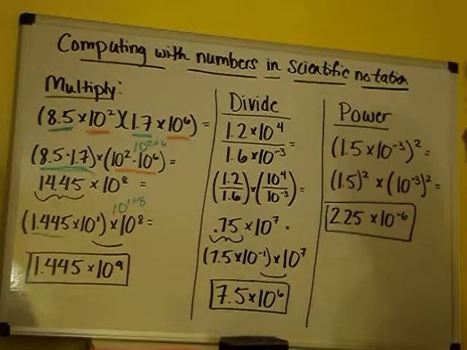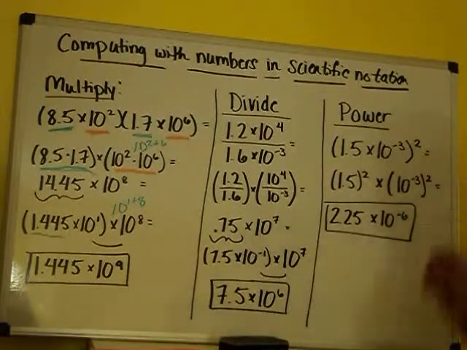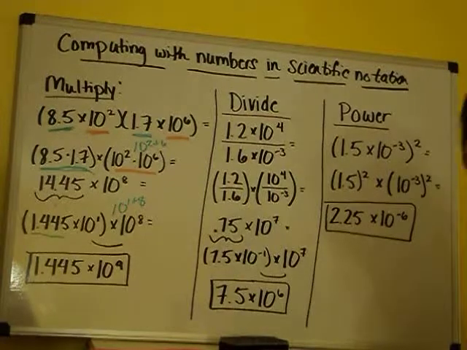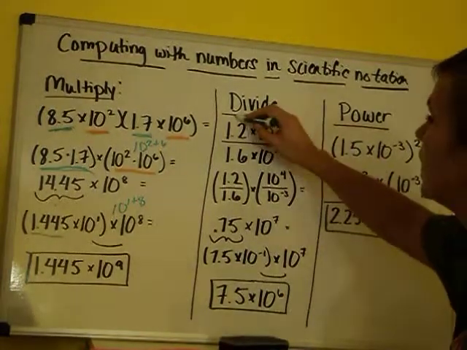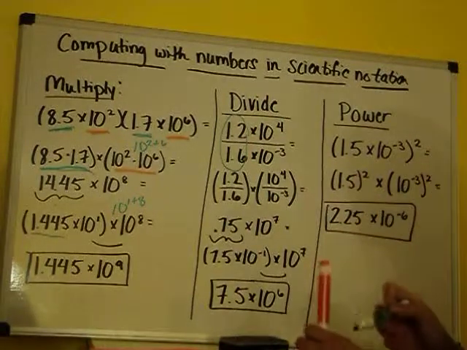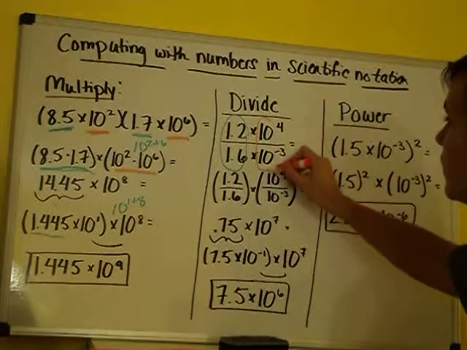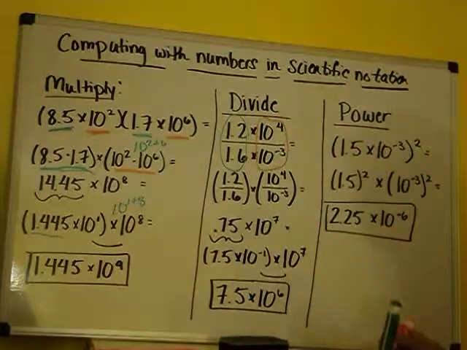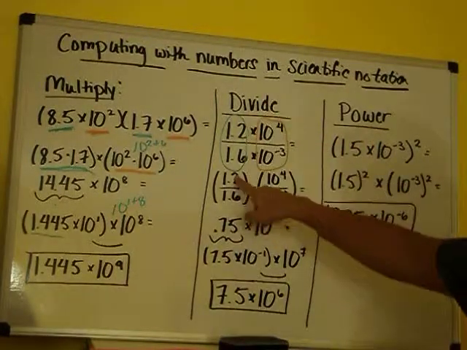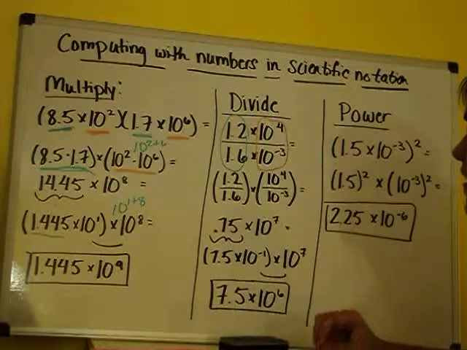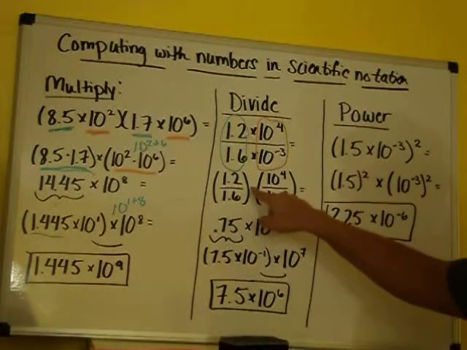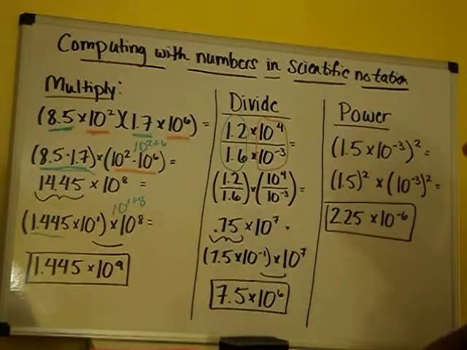Okay? Here when we divide, it's the same thing. We divide our c's. Okay, so we're going to be dividing this part right here. And then we're going to be dividing our powers of 10. So right here, using properties again. Okay, so we're going to take 1.2 and divide it by 1.6. We have this little times here because that's our scientific notation.